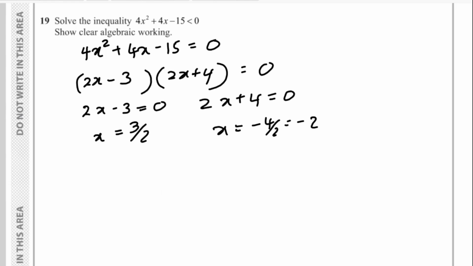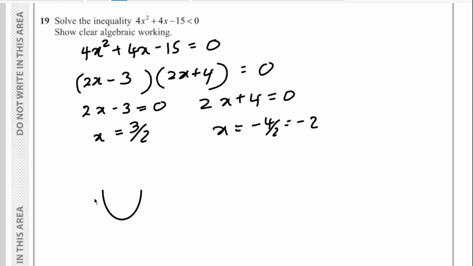Then once we get the critical points, you have to draw the curve. In the previous graph question, I told you that there are types of graphs. In this case, the coefficient in front of x squared is positive. Therefore, you have to draw a happy face. Let's draw a happy face, it is something like this. After that, we have to label these points.